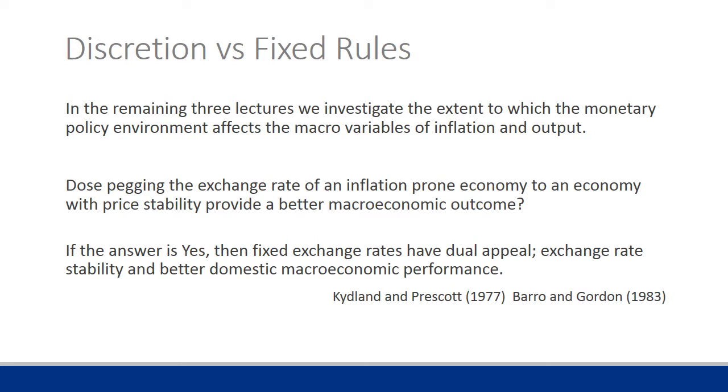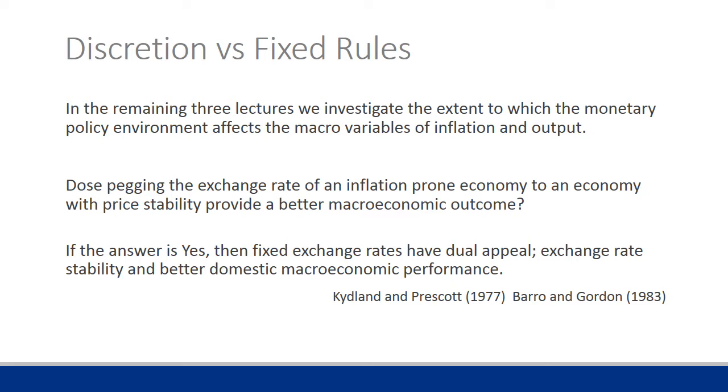Over the next few weeks, we're going to look at monetary policy in more detail, specifically how different types of monetary policy affect the macroeconomic economy, specifically in terms of output and inflation.